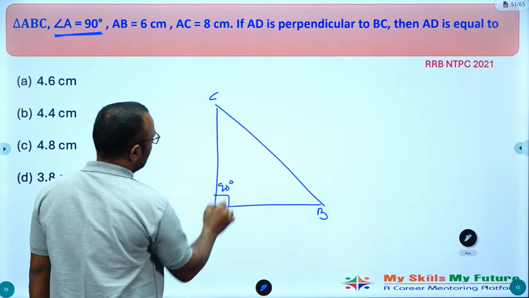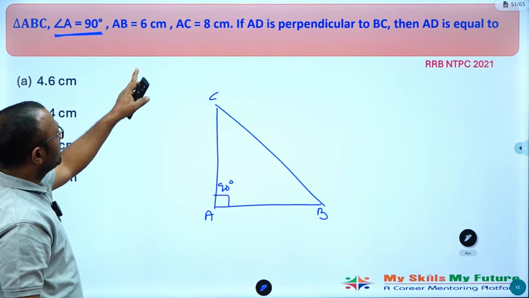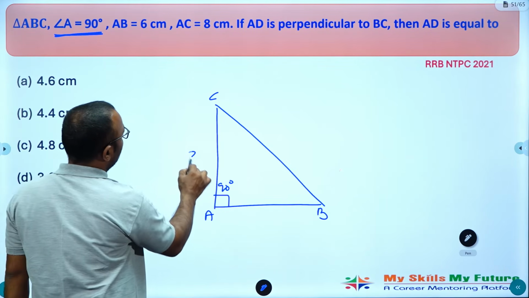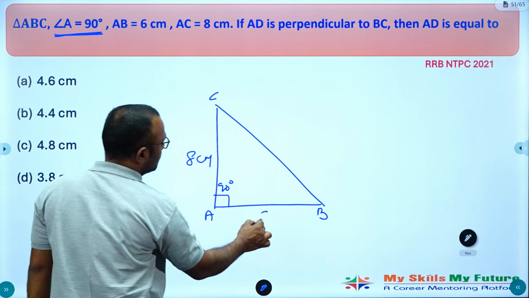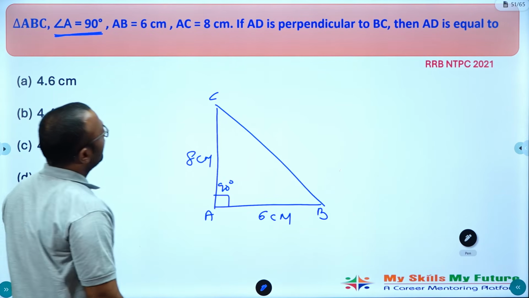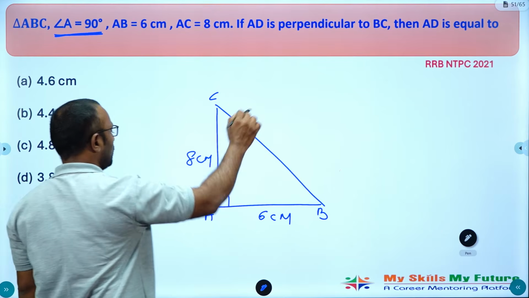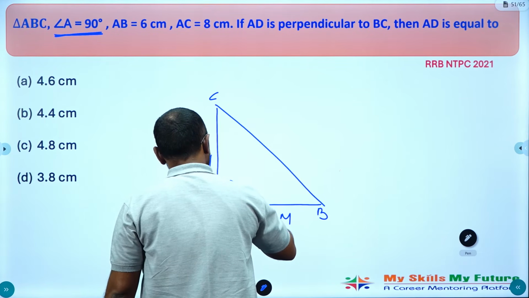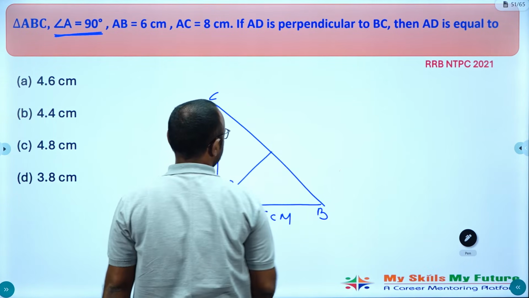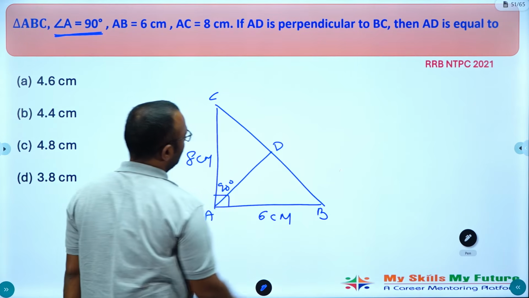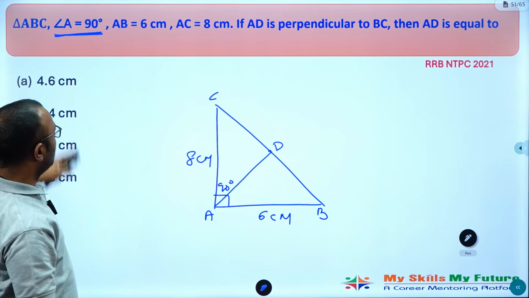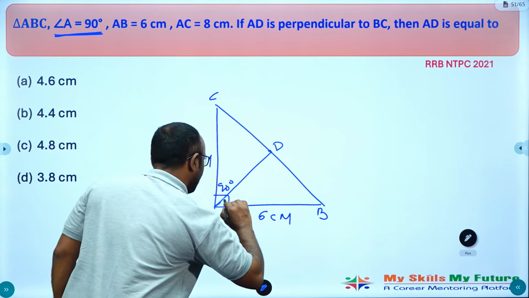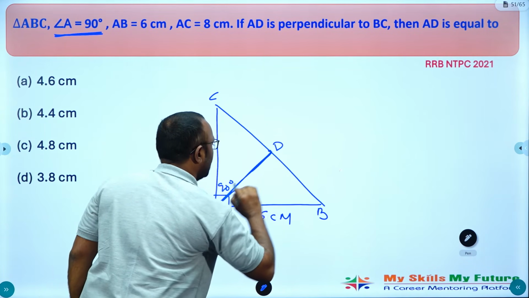AC is equal to 8 centimeters, AB is equal to 6 centimeters. If AD is perpendicular to BC, this is the point D, then we need to find the length of AD.